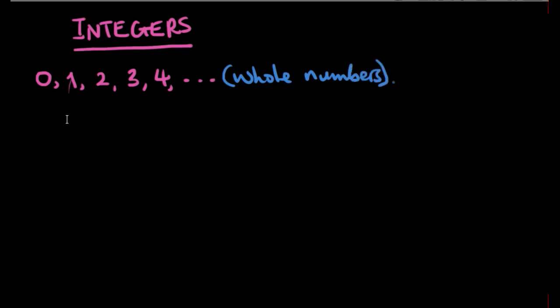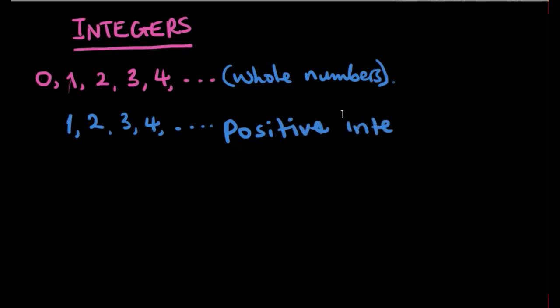And from this, numbers like 1, 2, 3, 4, and many others are called positive integers. Or you can call them counting numbers.